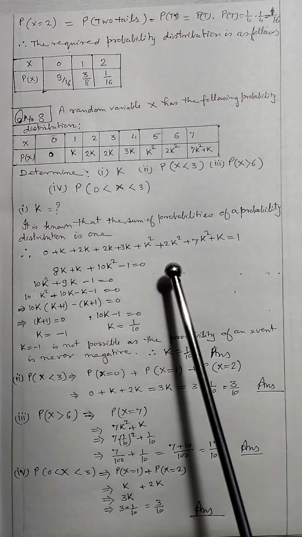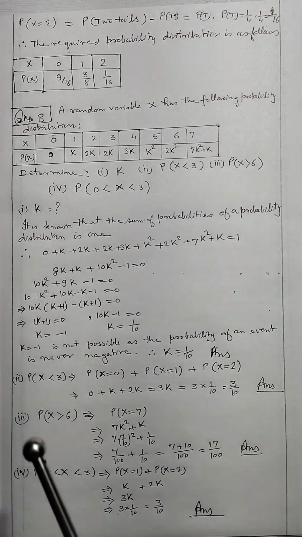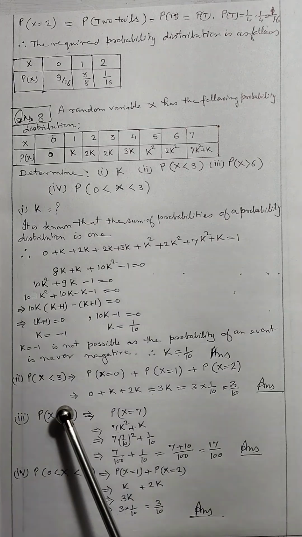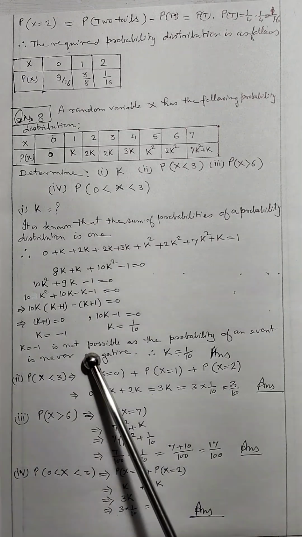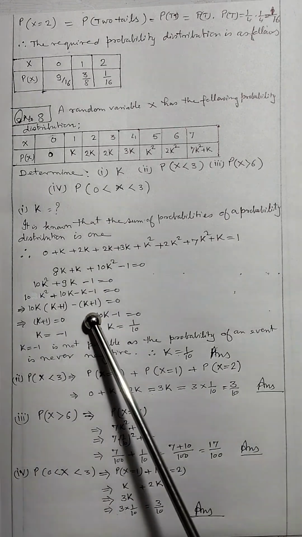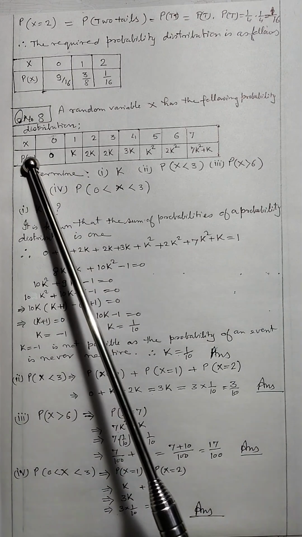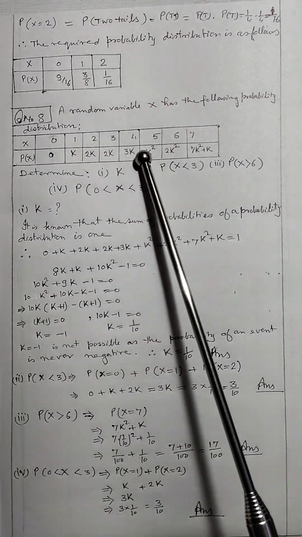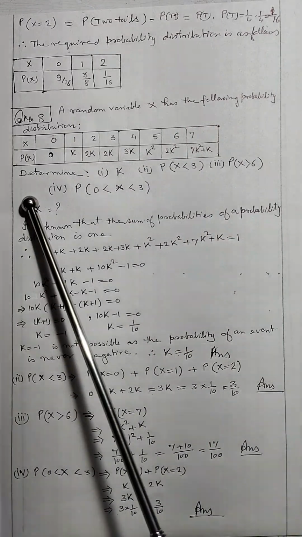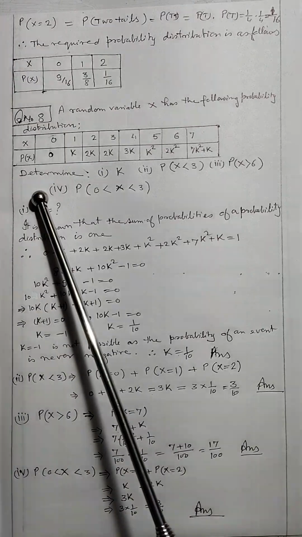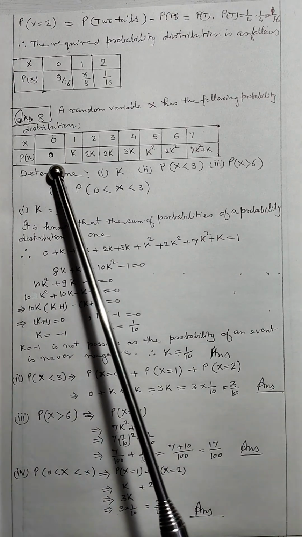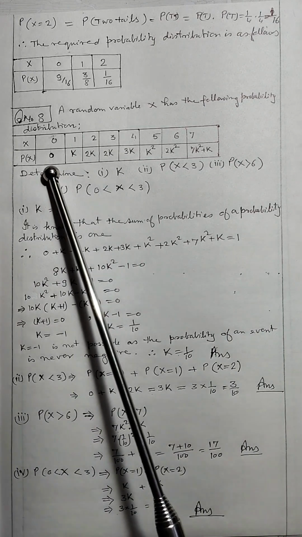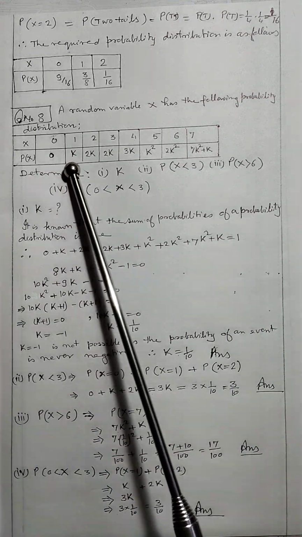Now come to question number 8. A random variable x has the following probability distribution: x is equal to 0, 1, 2, 3, 4, 5, 6, 7. When x is equal to 0, probability will also be 0.